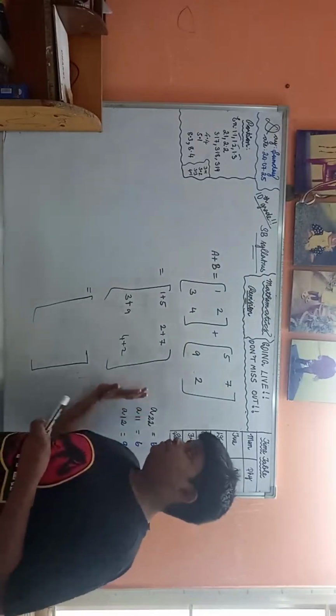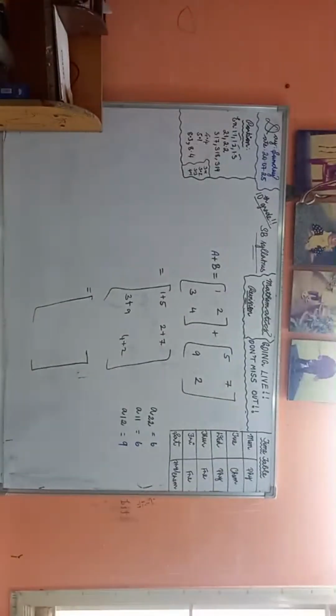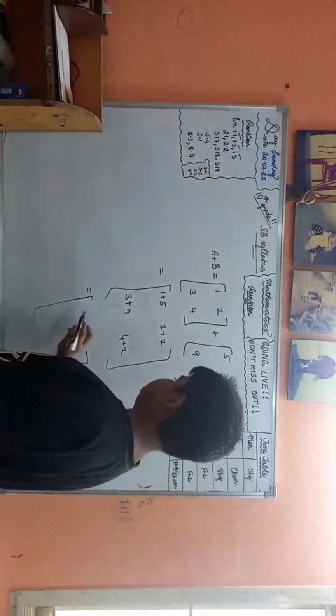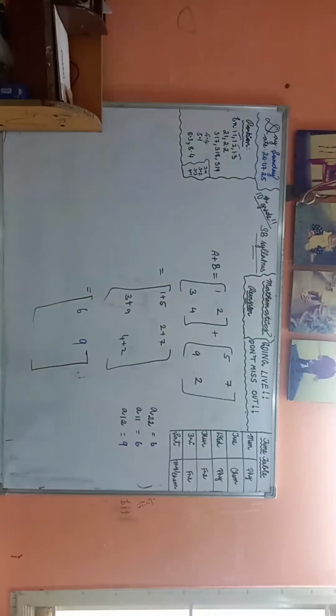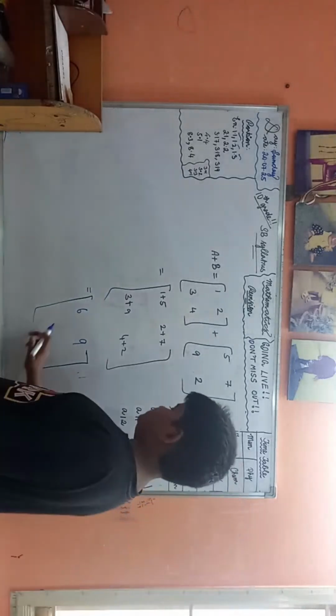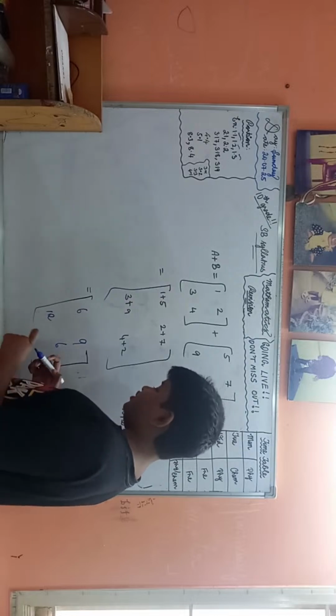Now answer this. What will come as a part of these matrices? 6, 9. What about these two? Is it 12? 6. Very good, guys.